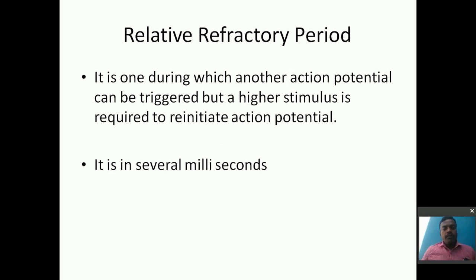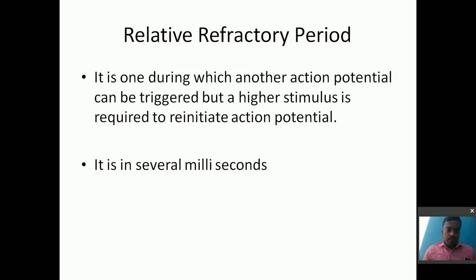Then the relative refractory period is one during which another action potential can be triggered, but a higher stimulus is required to reinitiate the action potential. Actually, currently the cell is in an action potential.